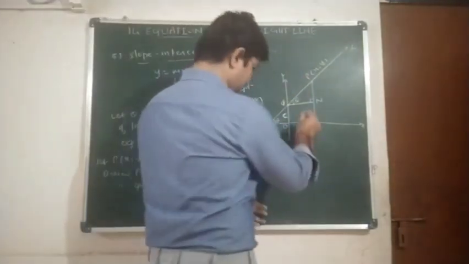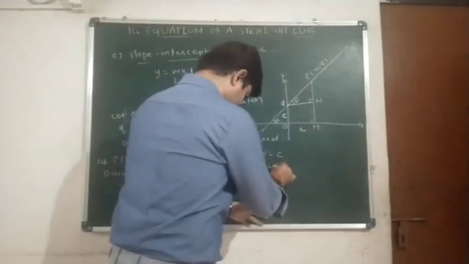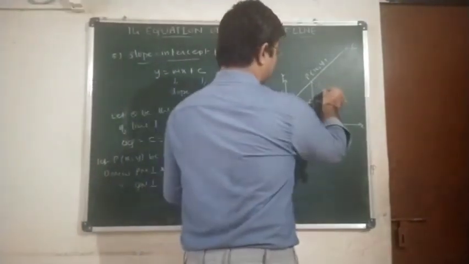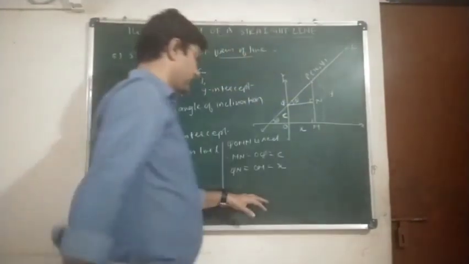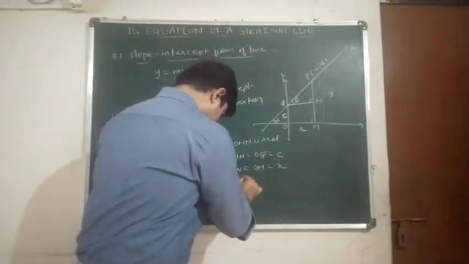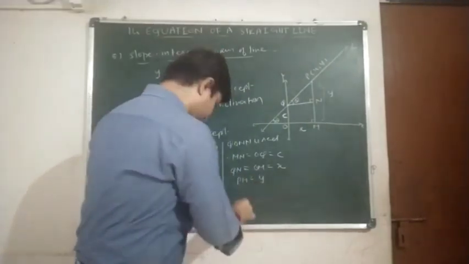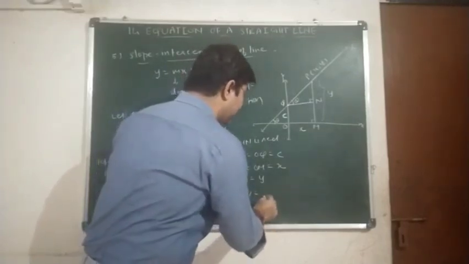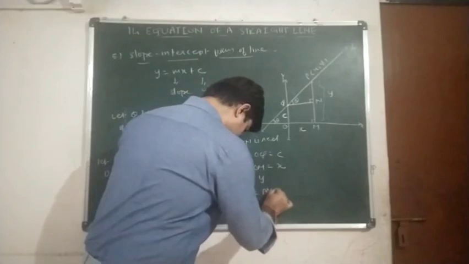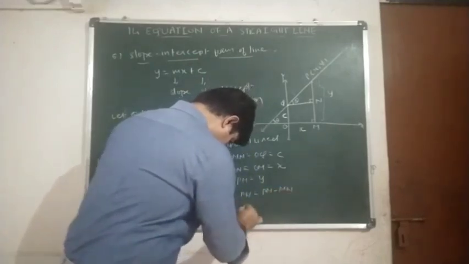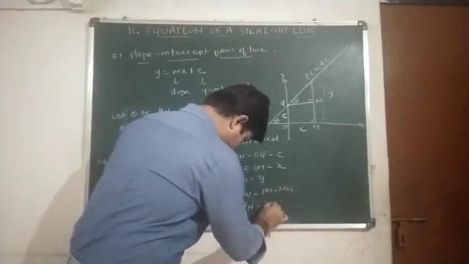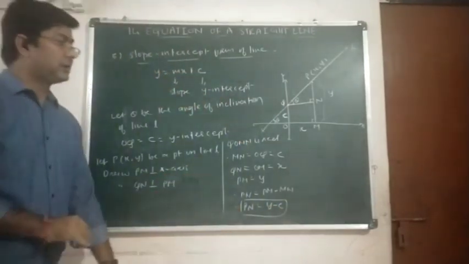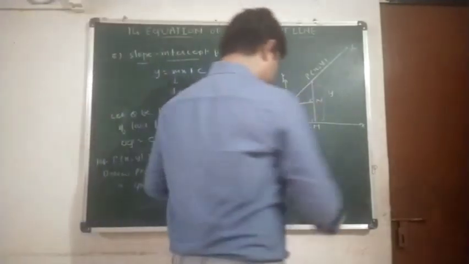Obviously the x coordinate of point P, which is x. Clear? What will be the length PM? That is equal to the y coordinate of point P. So PM is y and therefore PN is equal to PM minus MN, so we get PN is equal to y minus C. Clear?